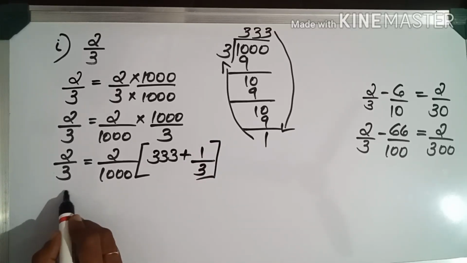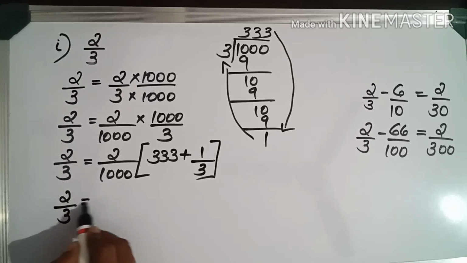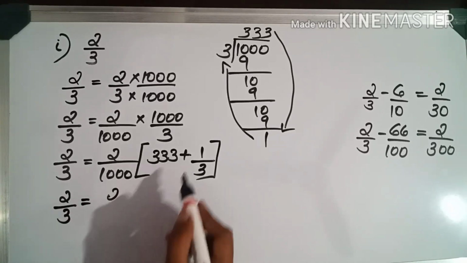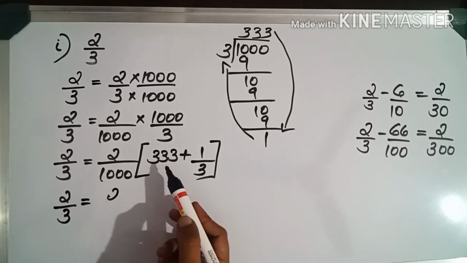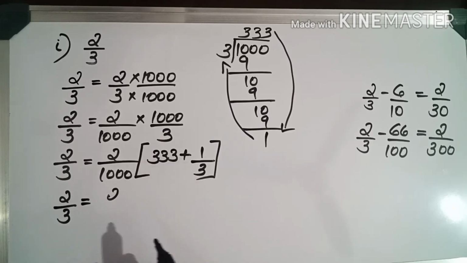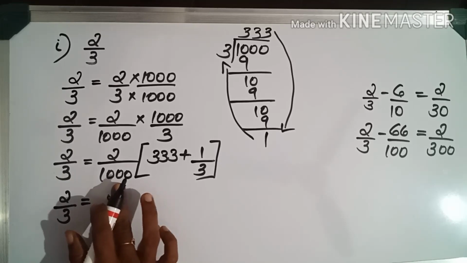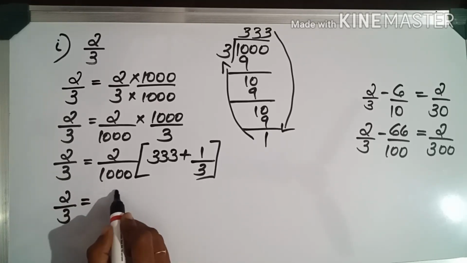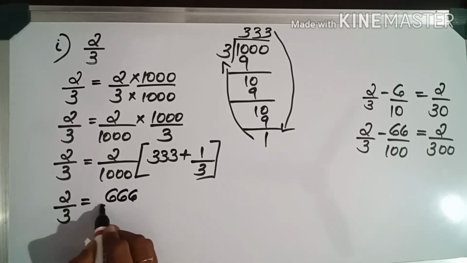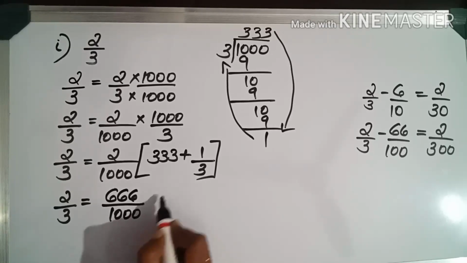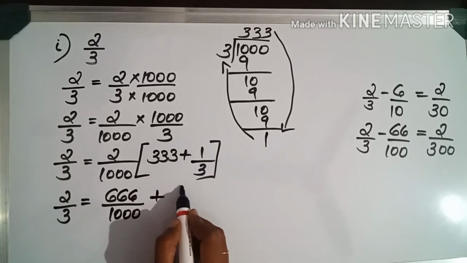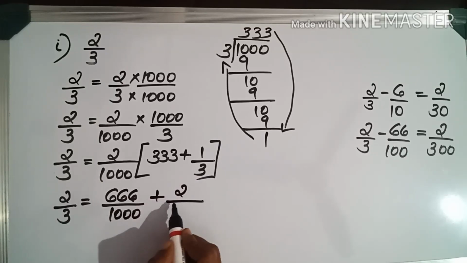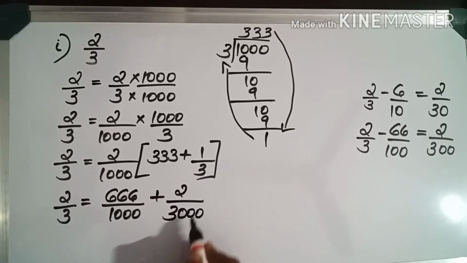Now in the next step, 2 by 3 equal to, we need to multiply, that is 2 by 1000 into 333. So 333 into 2 is 666, so 666 by 1000 plus 1 into 2, 2 by 1000 into 3, that is 3000.